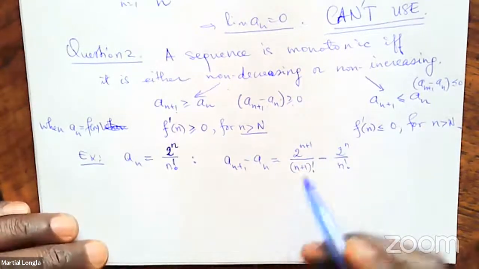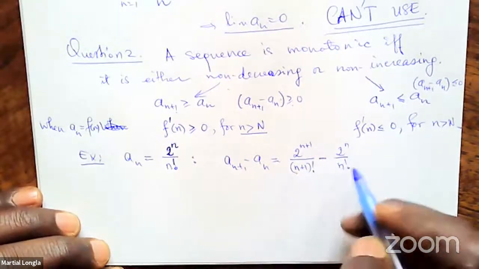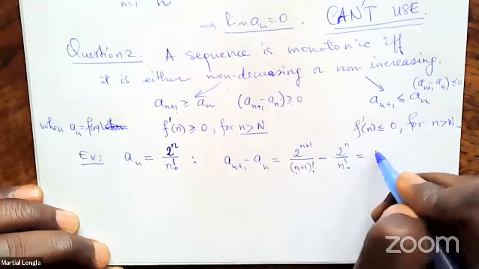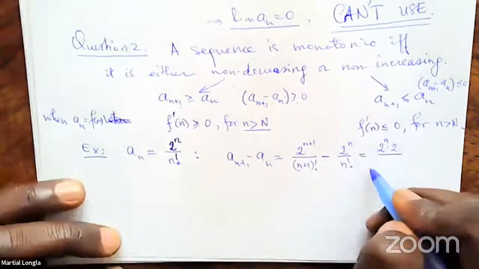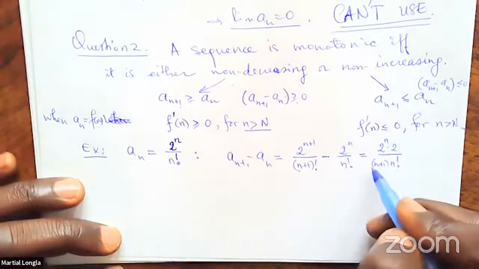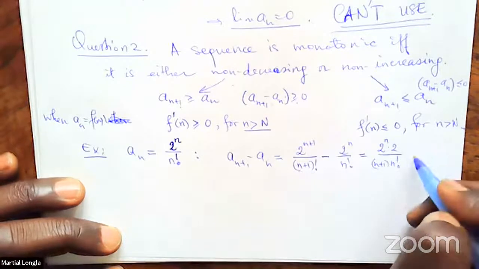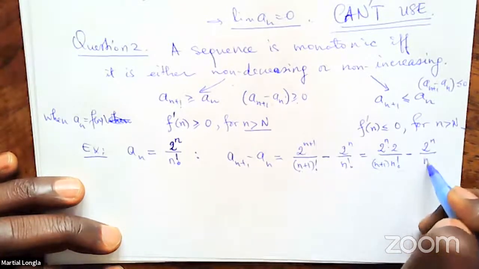And you check. Here I got 2 to the n, 2 to the n. Factorial n plus 1 has a relationship with factorial n. So this is 2 to the n times 2 over n plus 1 times n factorial, because that's what factorial n plus 1 is. And I do this to simplify 2 to the n over n factorial.